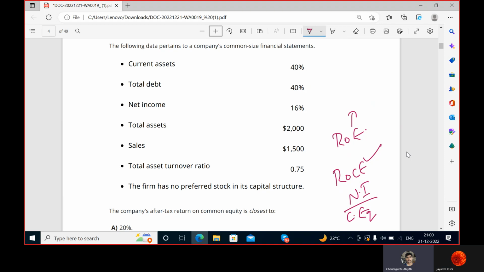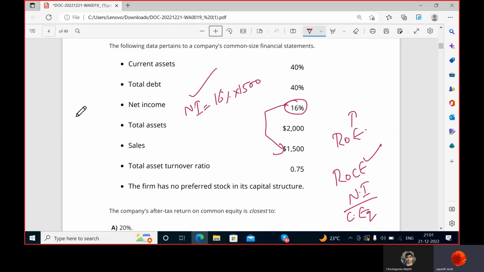Okay, fine. So sales, asset turnover ratio. Asset turnover ratio. Okay, no need, Abhijit. Net income, you can directly take 16% of your sales, na? Correct. So net income, you have what actually, a percentage? When you apply this percentage on sales, you get the amount of net profit, correct?